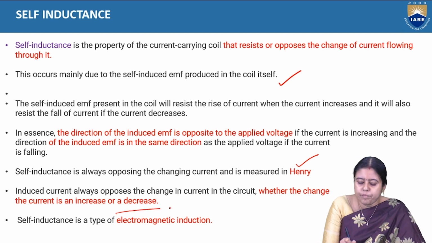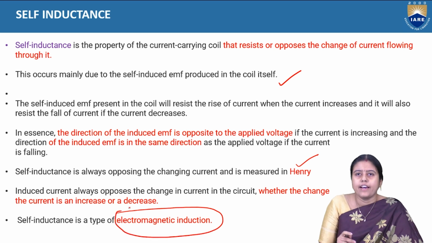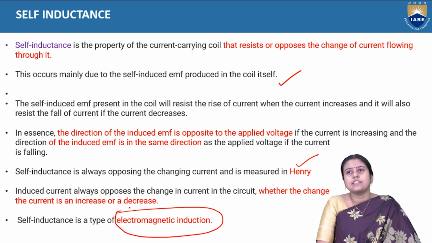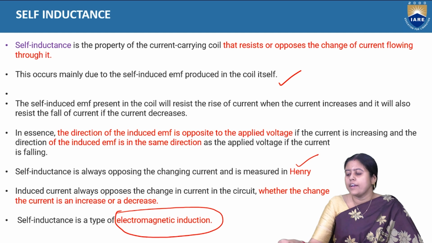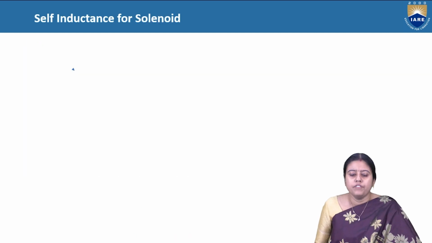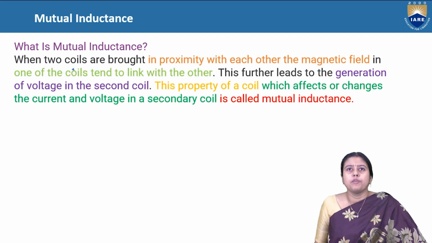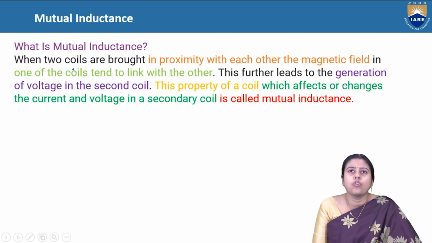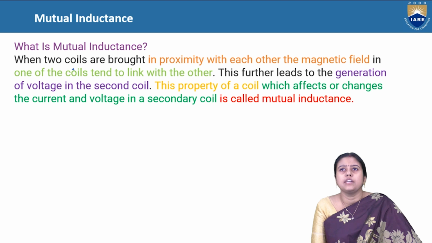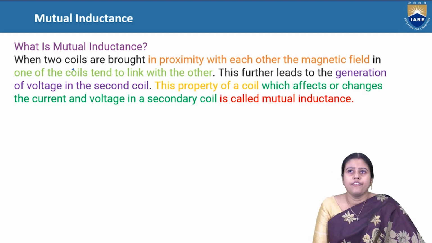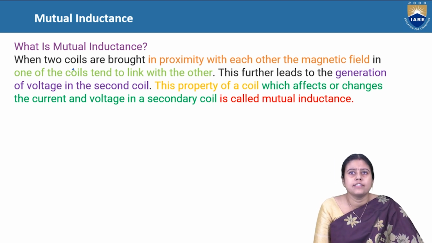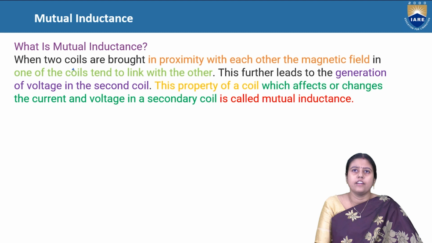Self-inductance is an example of the electromagnetic induction. Whatever we have discussed about Faraday's law, self-inductance is the application of this. Then on the other side, what is mutual inductance? When two coils are brought in proximity with each other in the magnetic field, the flux in one of the coils tends to link with the other, and this further leads to a generation of the voltage in the second coil.